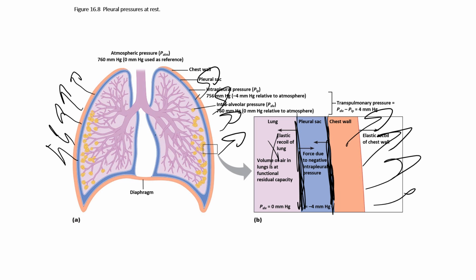And by pulling that parietal pleura further away from the visceral pleura as the chest wall moves up and out, you expand the volume of the pleural cavity. And here is now the big point. If you expand the volume of the pleural cavity, what is that going to do to intrapleural pressure? It's, of course, going to decrease it. Okay?